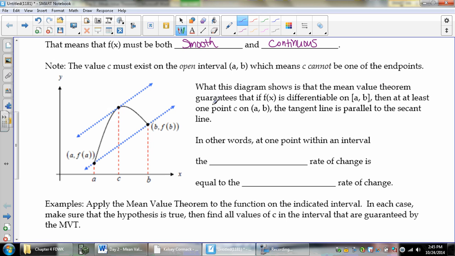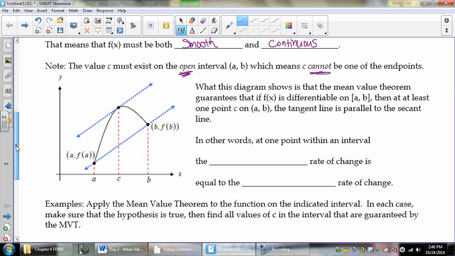So the mean value theorem guarantees that if f of x is differentiable on the closed interval from A to B, then at least one point C on the open interval from A to B, the tangent line is parallel to the secant line. And it's very important, the value of C must be on the open interval, so C cannot be one of the endpoints. Now, the endpoints may have the slope you're looking for, but they're just not guaranteed, they're just not covered by the mean value theorem.